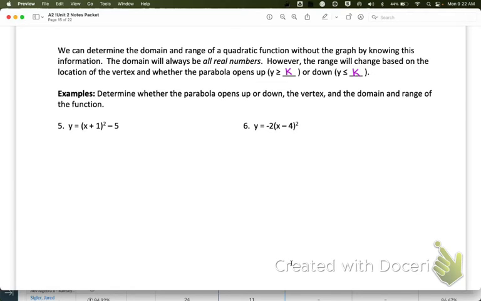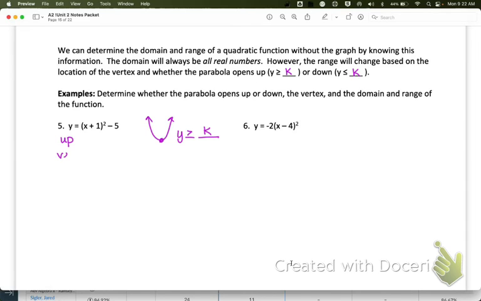So same question, determine whether the parabola opens up or down, the vertex, and the domain and range of the function, just by looking at the equation. So number 5, I see a positive a value, so I know that this graph opens up. And if it opens up, it looks like this. So that means that my vertex is the lowest point on the graph, so I know my range has to be y greater than or equal to whatever k is for my vertex.